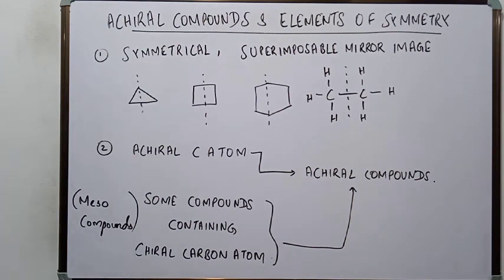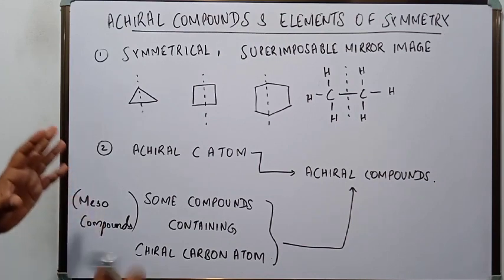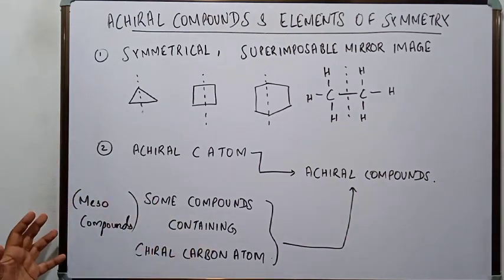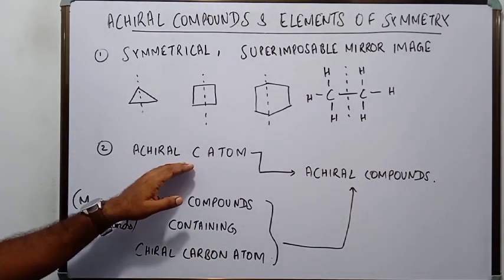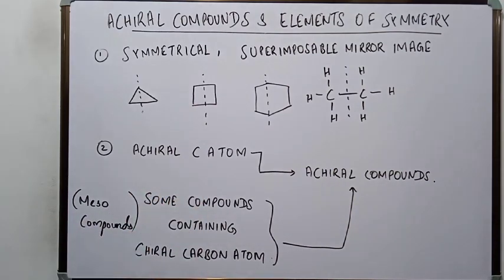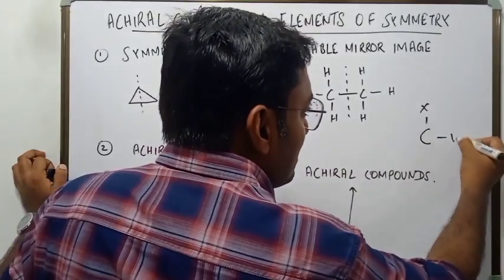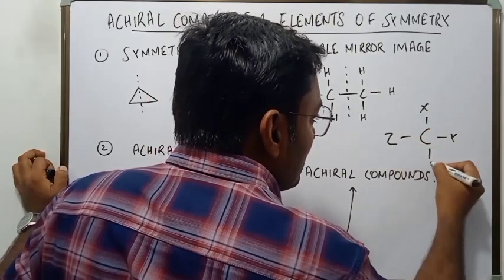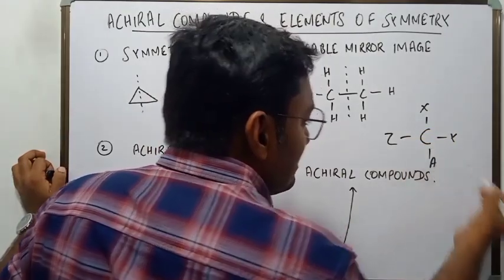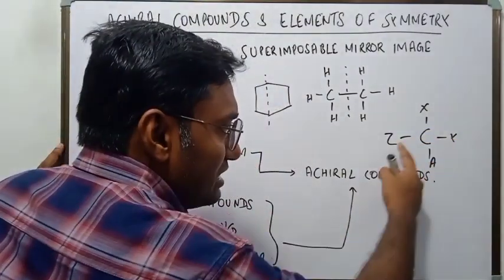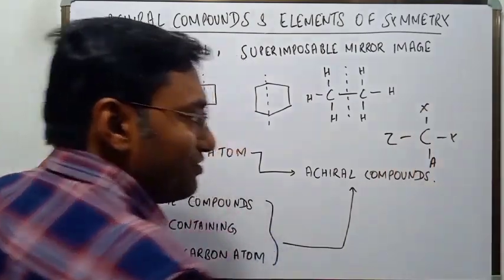Now, all the compounds that are having a chiral carbon atom, there are compounds that have a chiral carbon atom. A chiral carbon atom, as you know, is attached to four different substituents. I'm writing it here as A. So this can be CH3, H, Cl, F, right?